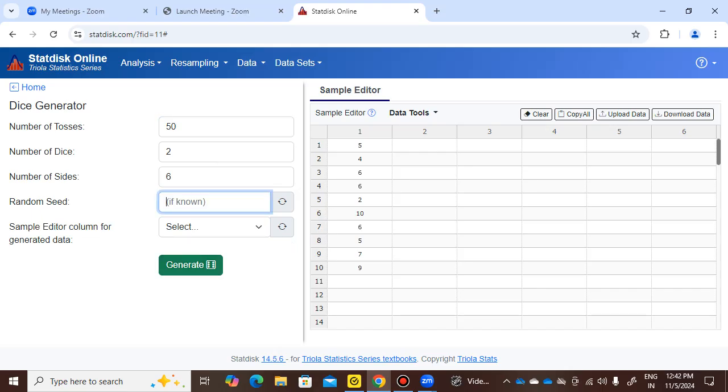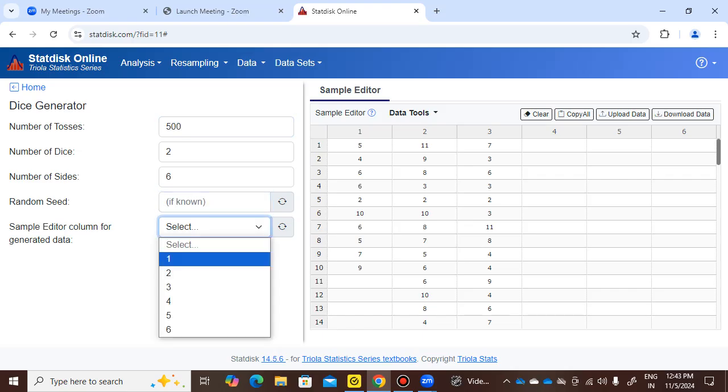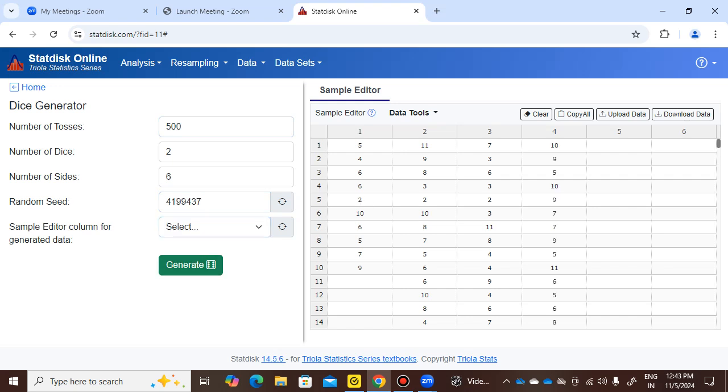Now we have to take out that number, otherwise it'll give us the same data set. And we do 100 in column 3, 500 in column 4, then 1,000 in column 5, and then 5,000 in column 6.